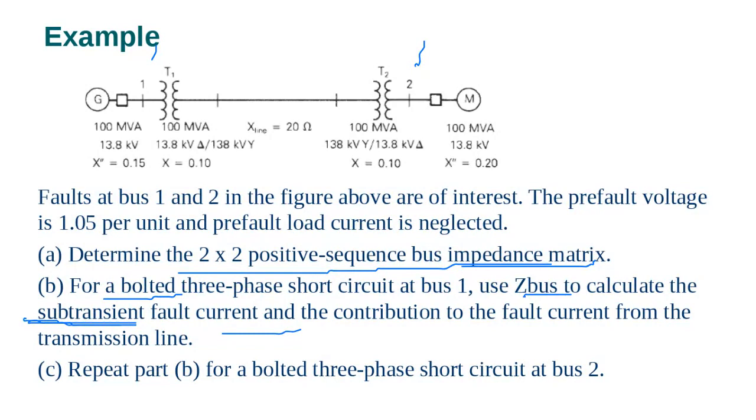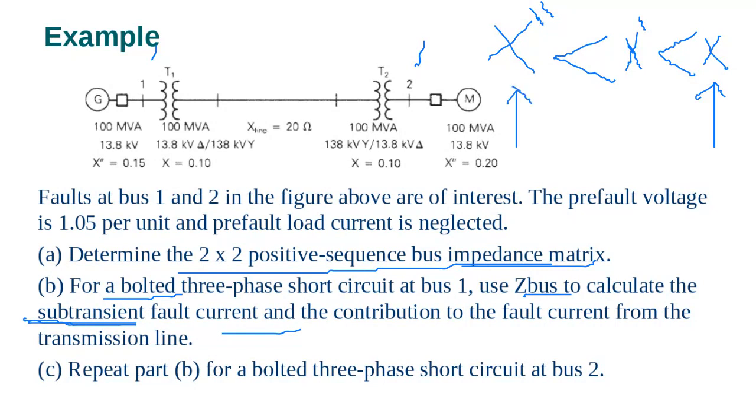So the subtransient fault current, remember now, the subtransient reactance is much lower than the transient reactance. It is lower than the synchronous reactance, which is what we use in the steady state. And this is the worst case. And then if we want the transient, to determine the behavior of the current, we also use this one.